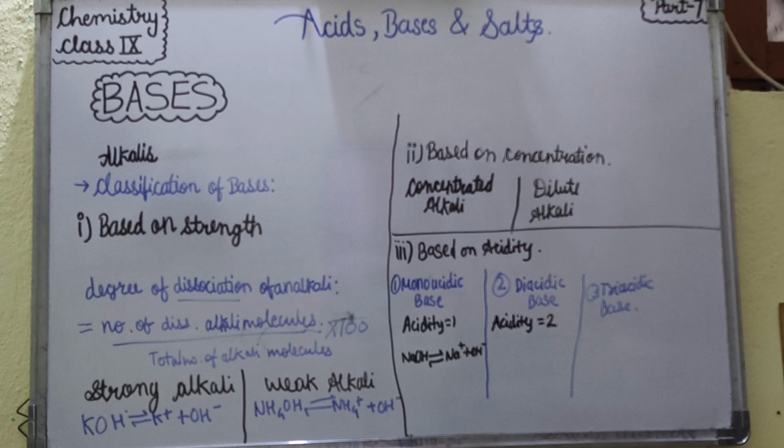Examples are Ca(OH)2, Cu(OH)2, Mg(OH)2, Zn(OH)2 and Pb(OH)2, etc. Ca(OH)2 gives Ca2+ and 2OH-.